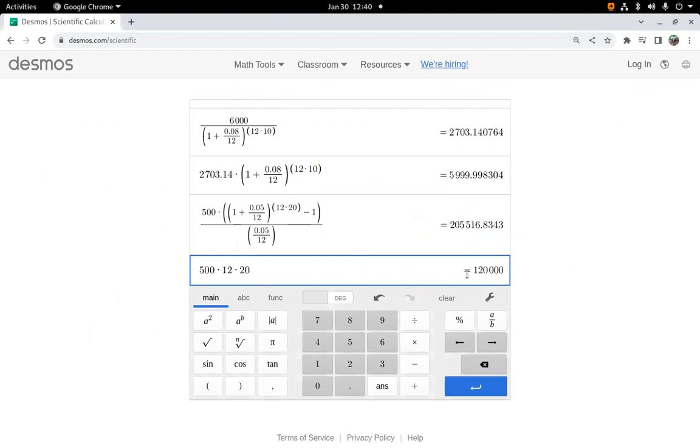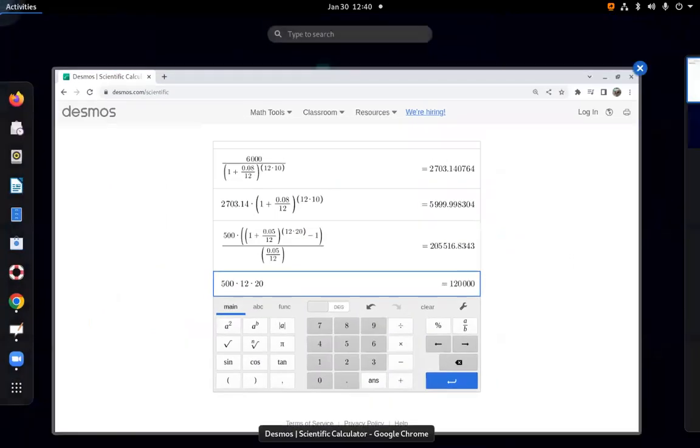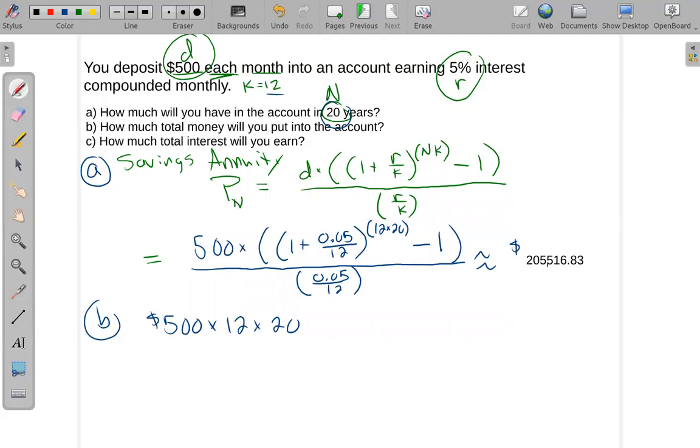Well, this looks like a good investment. And I guess that's exactly, not approximately, equals $120,000. So that's what we paid in.